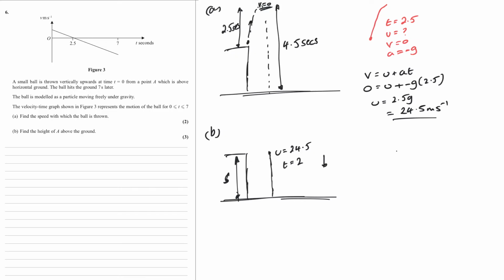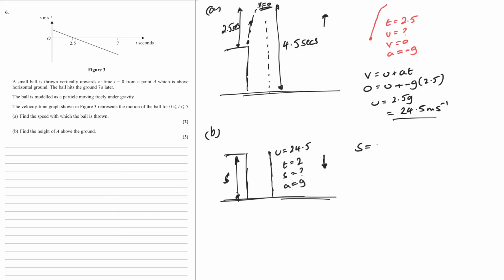We don't need to worry about V. S we want to find. And A is gravity. Now, since I'm taking U as pointing down, then my gravity is positive. In the first one, we were looking at it going up, which is why gravity was negative. So we've got S, U, A, and T. So you should have guessed this one.